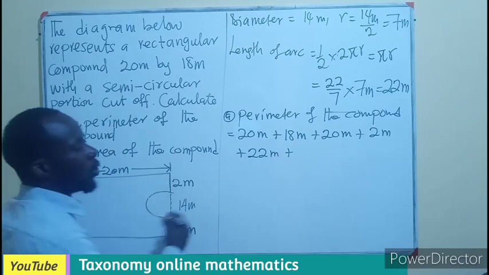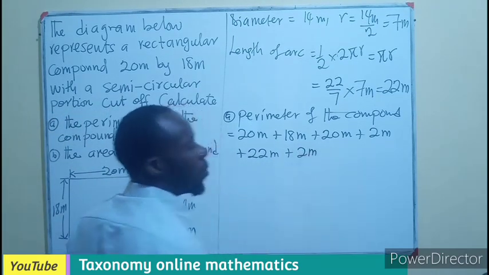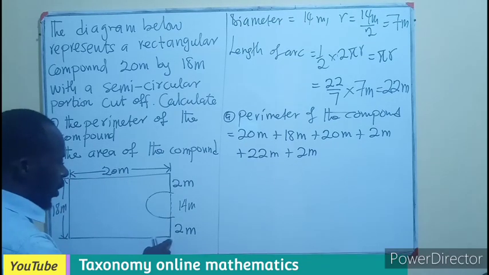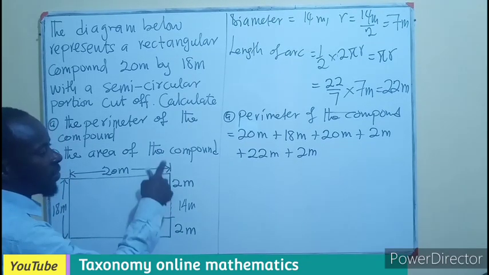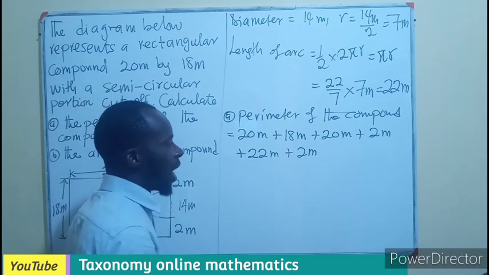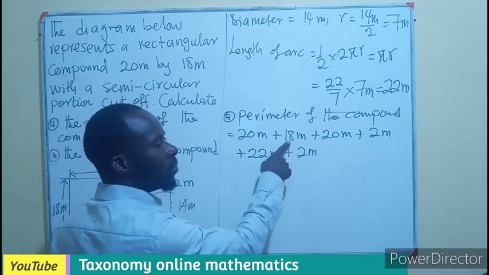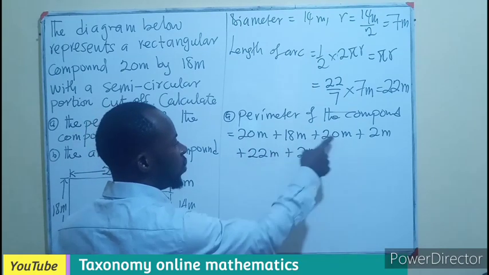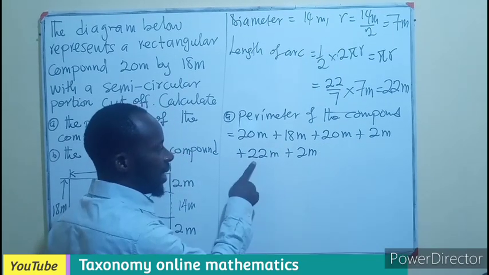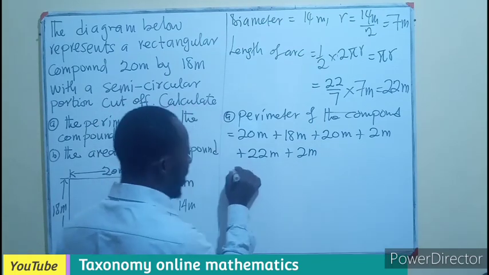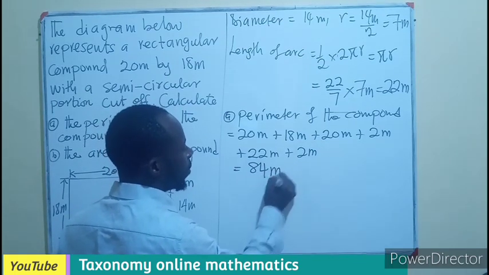Then finally we go back 2 meters to complete the journey. Now we add our values. Adding 2 to this makes it 20, then 20, 20, 20, that will be 60, 80. Then you have 84. So that gives us 84 meters.